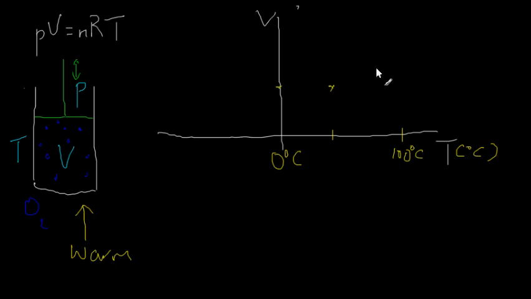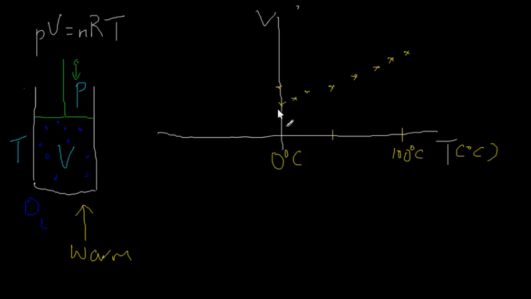This has been done carefully already a few hundred years ago, and this is the kind of graph that was observed for a typical gas, like maybe even just air or pure oxygen or nitrogen. It was a very simple straight line. That's it, really.